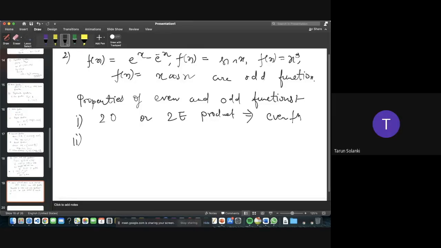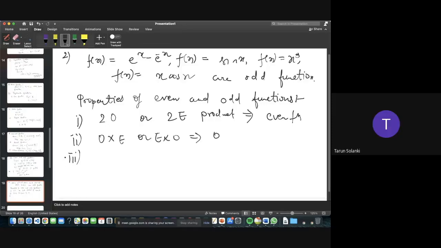This is the shortcut. Similarly, the product of an even function by an odd function and vice versa is an odd function. Like odd into even or even into odd is always an odd function. Okay.